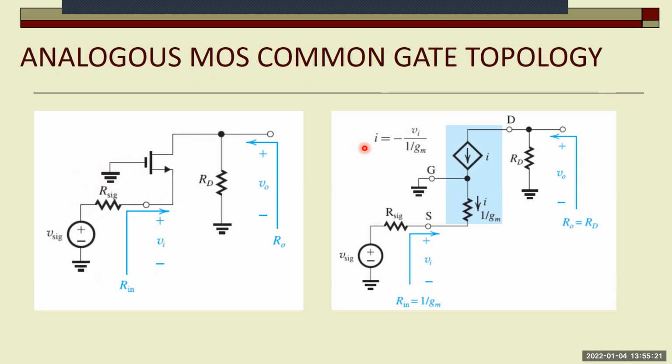And again, using a T analogous small signal equivalent, the input resistance, the resistance looking into the amplifier, is basically this baby, 1 over gm. Why? Well, because between the source and the ground, that's the only resistance. Or we can think of it that way.